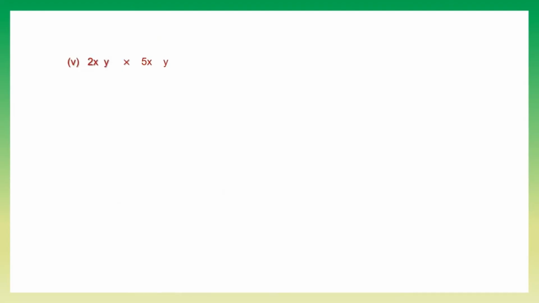Fifth one. 2x squared y cubed and 5x to the power of 3 and y to the power of 4. So the numbers are 2 into 5 into, let's take x squared and x cubed. X squared into x cubed. Let's take the y's, y to the power of 3 and y to the power of 4.